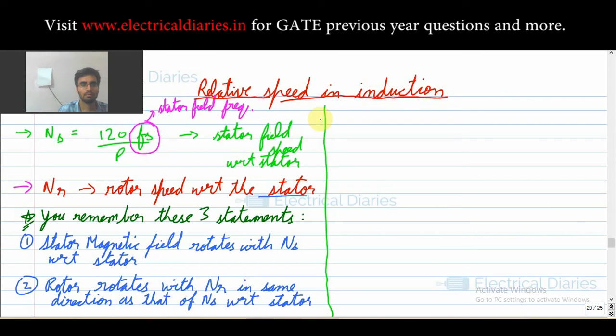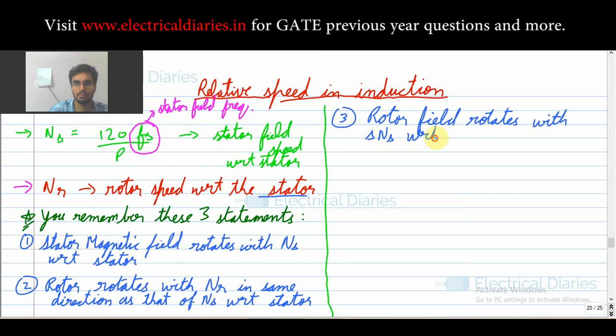Now the third statement that you should remember, and this we will analyze also, is that the rotor field rotates with S Ns with respect to the rotor, in the same direction as that of Ns.